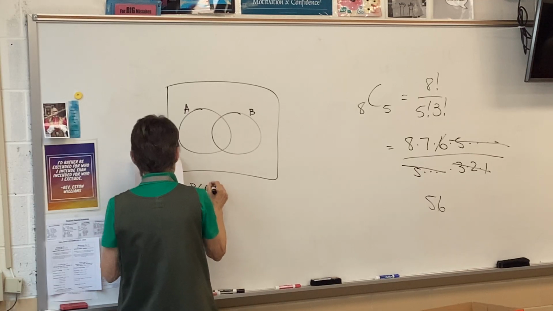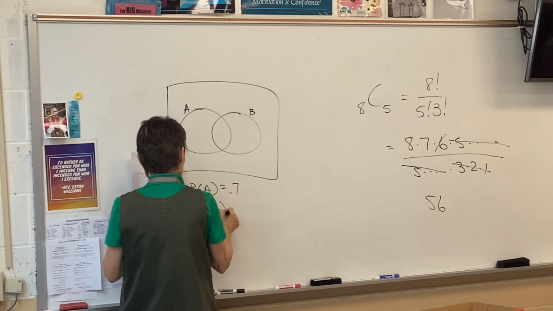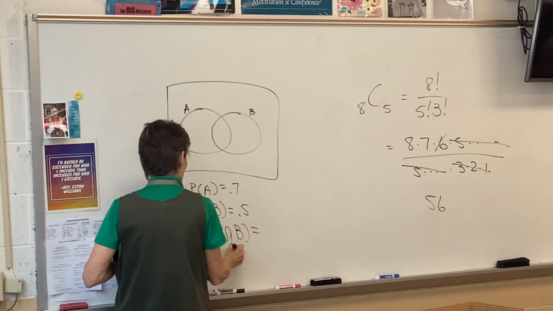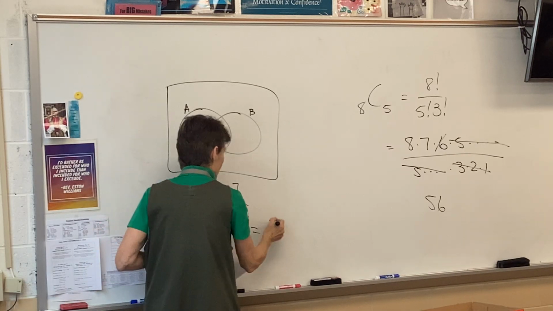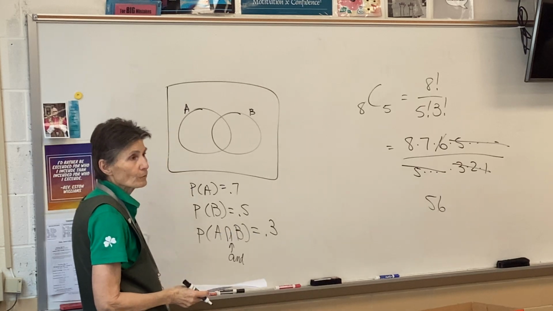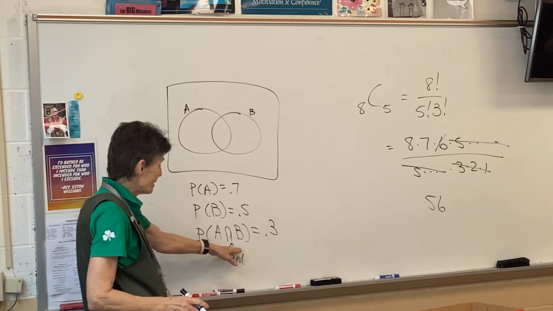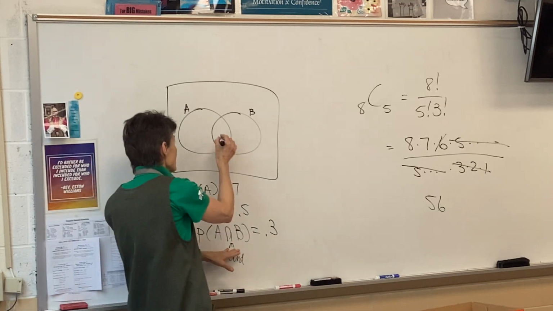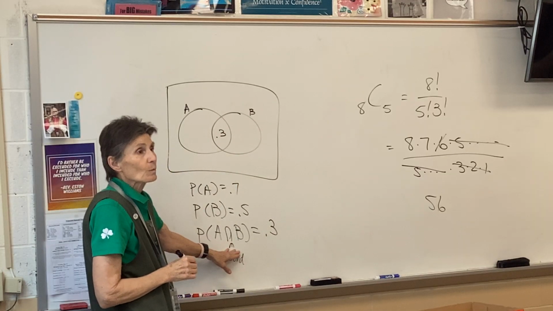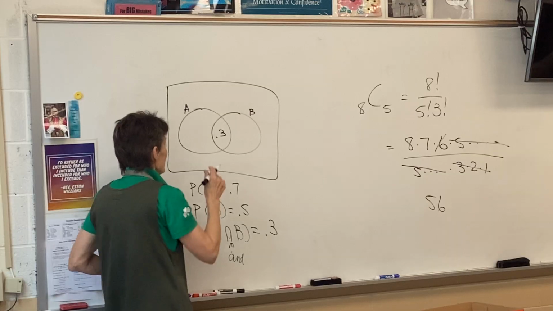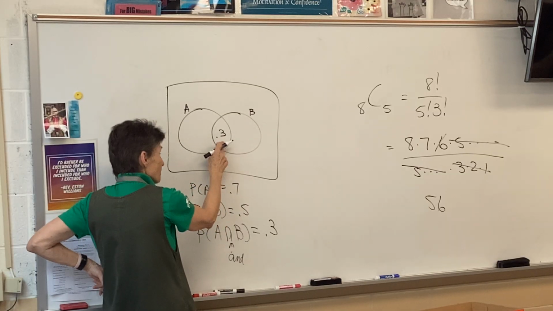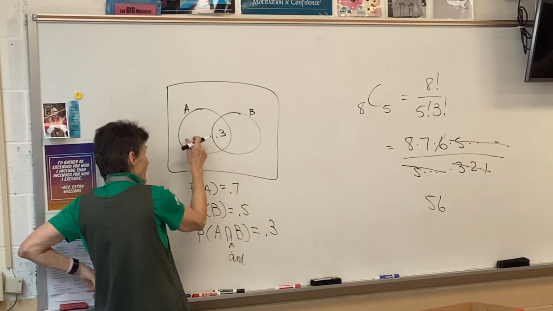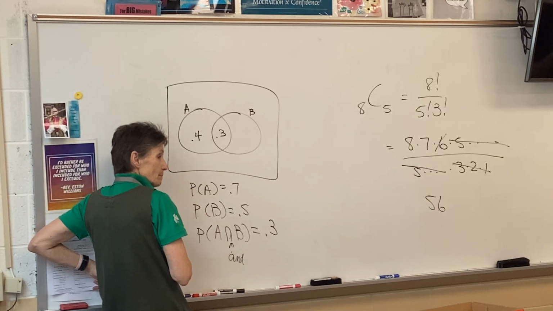And we know the probability of apples is 0.7, the probability of bananas is 0.5, and the probability of apples and bananas is 0.3. If the whole apple ball is 0.7, this guy right here must be 0.4.